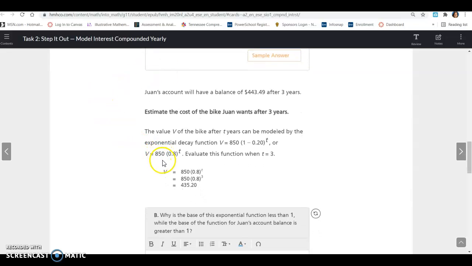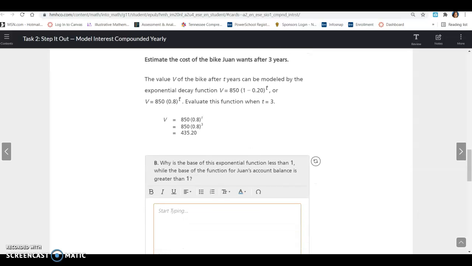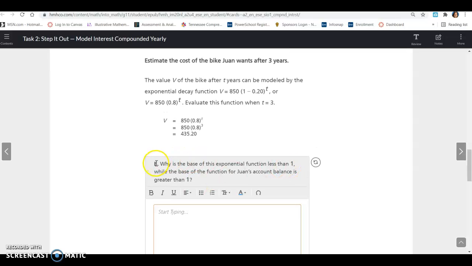So 1 minus 20% gives us 80%. So 850 times 0.8 raised to the T power, and we want to evaluate that for 3 years. So let T equal 3. If we do that, after 3 years, the bike will be worth $435.20.